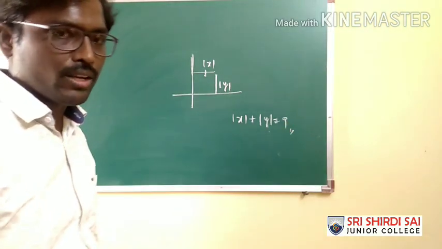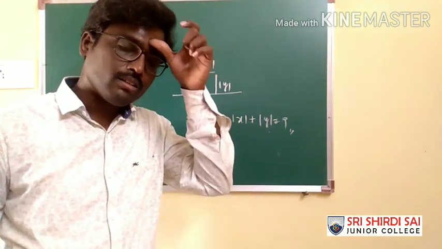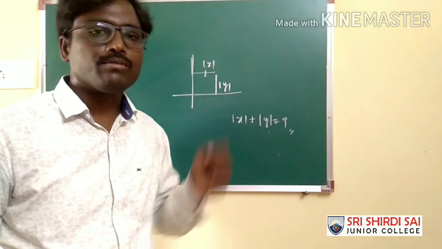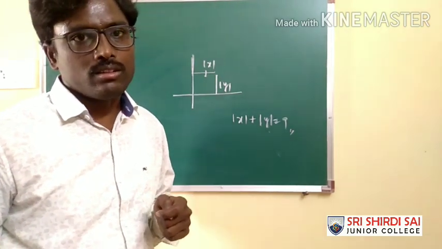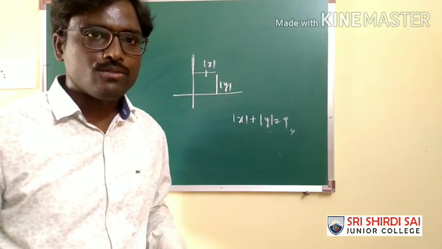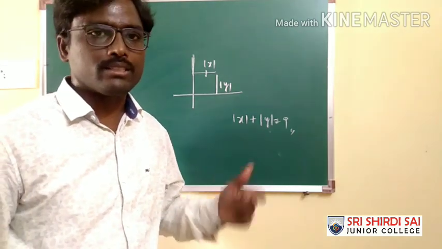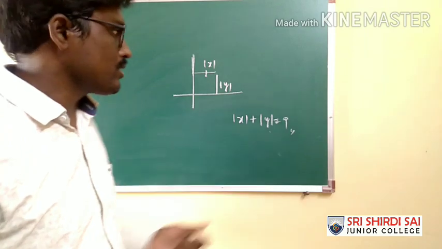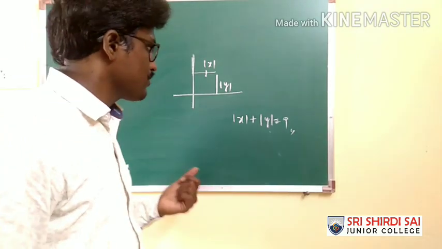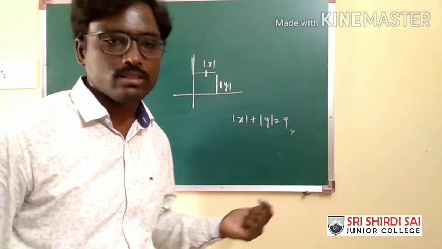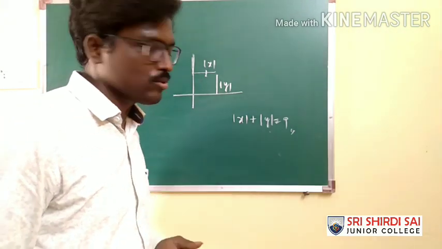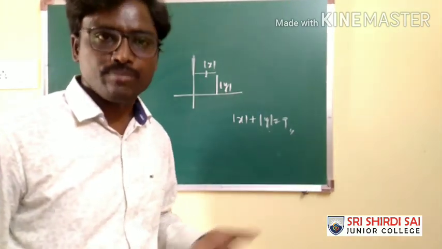What is the reason that we are writing under modulus? We are talking about the distance. Since the question involves distance from x-axis and y-axis, distance from y is nothing but mod x, distance from x is nothing but mod y, so that their sum is equal to 9 according to the question. That's the reason the locus is going to be mod x plus mod y is equal to 9.